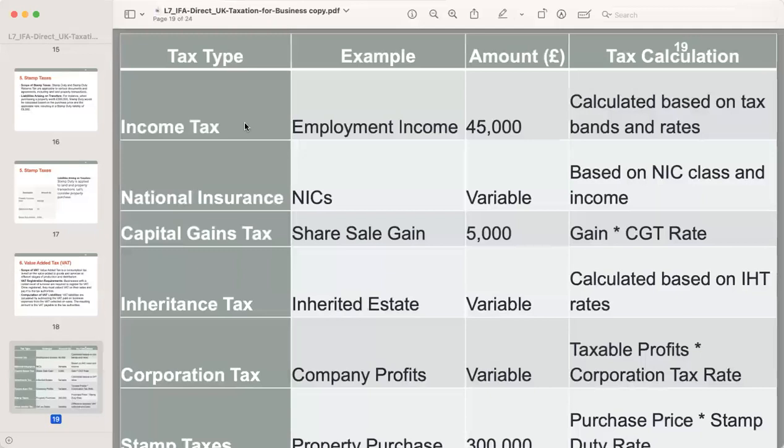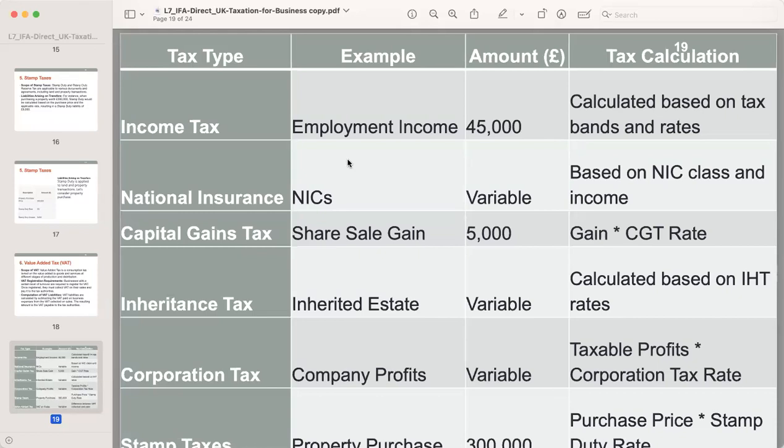Income tax, employment income 45,000, calculated based on tax band. So income tax is a tax on the money you earn. If you earn 45,000 pounds, the government takes a part of that depending on how much you are earning. Could be 20% or 40%.